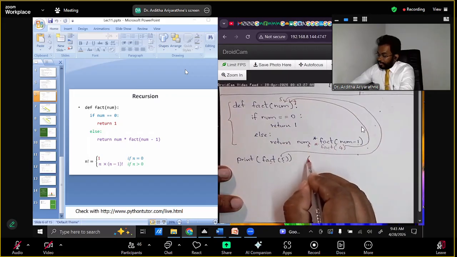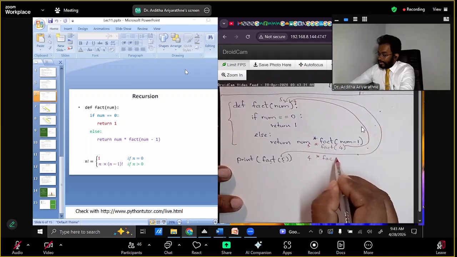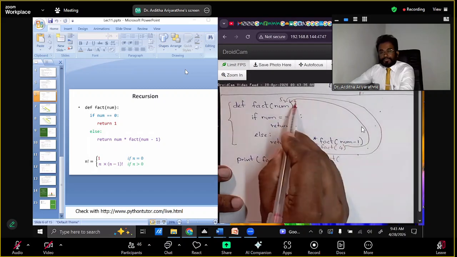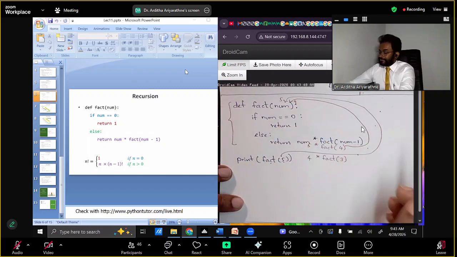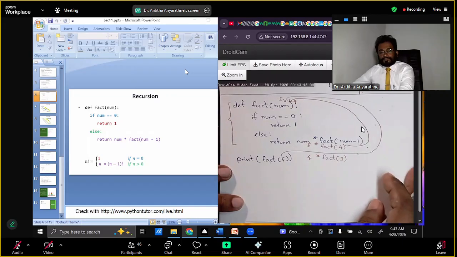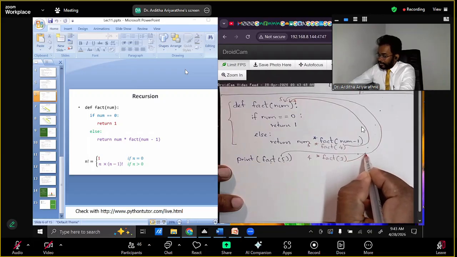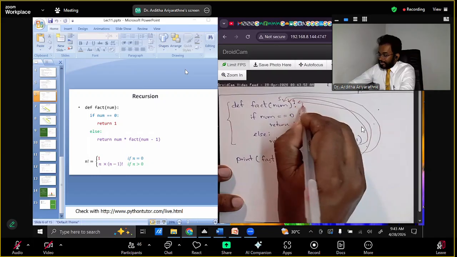Here 4 multiply factorial num minus 1. Now the num is 4, 4 minus 1, now it's 3. Again we are calling the function here like this. Again we are calling the function with 3.